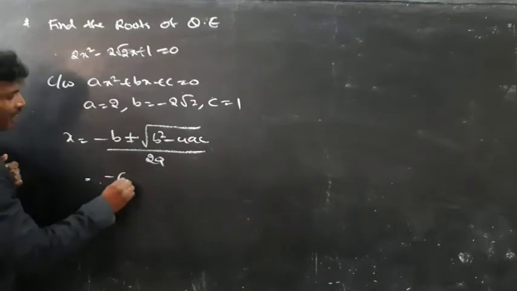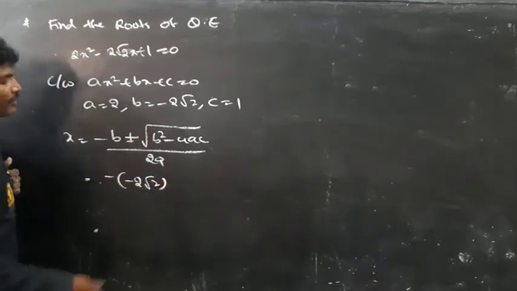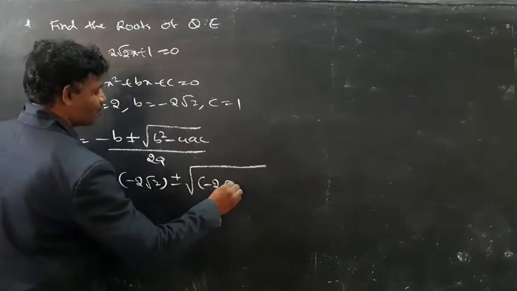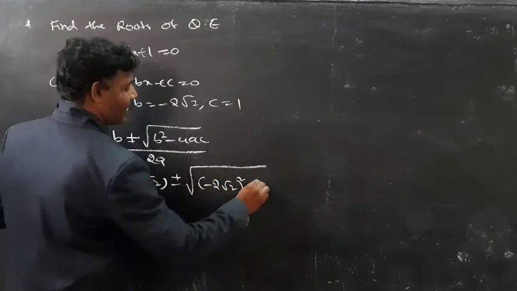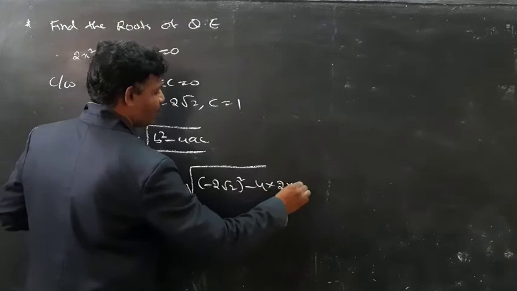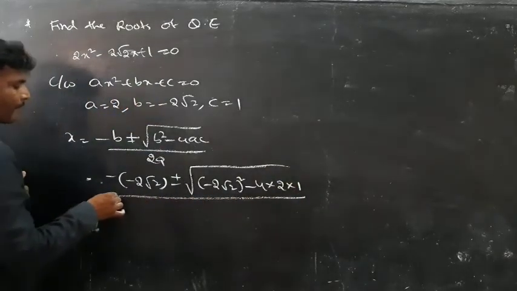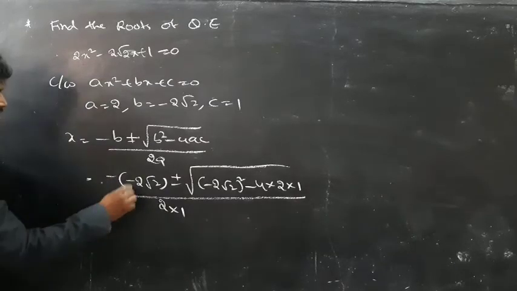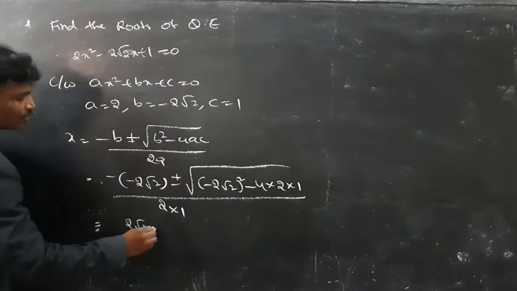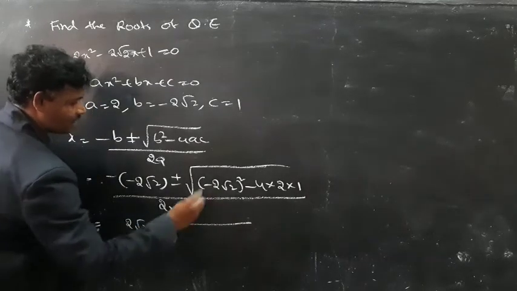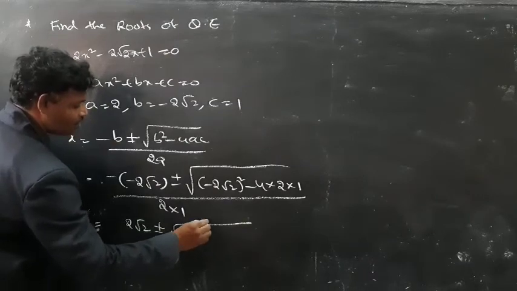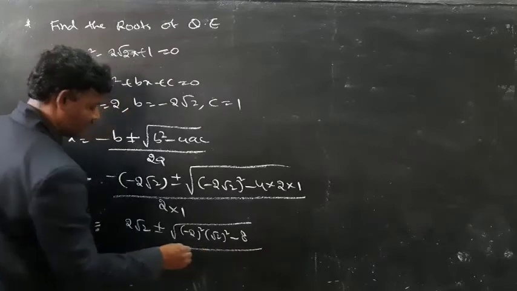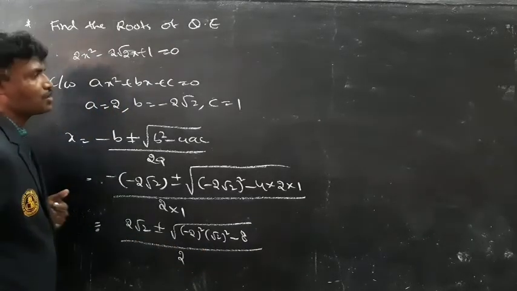Minus b means minus of minus 2 root 2, plus or minus b square means minus 2 root 2 whole square, minus 4ac means 4 into 2 into 1, by 2a means 2 into 2. So 2 root 2 plus or minus, it is nothing but minus 2 whole square into root 2 whole square minus 8, by 2a.